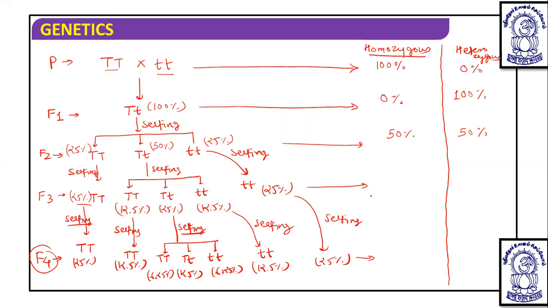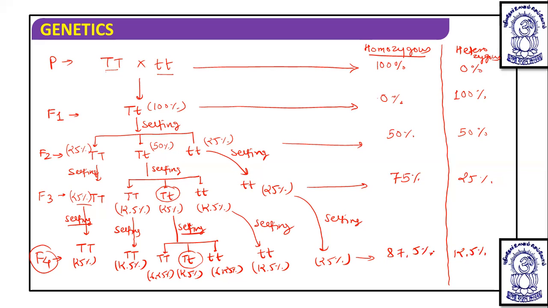Then in F3, you will see the heterozygous are 25%. Only this one is heterozygous, and the remaining are all homozygous, meaning 75% is homozygous. And in F4, you will see only 12.5% are heterozygous. The remaining 87.5% are homozygous.